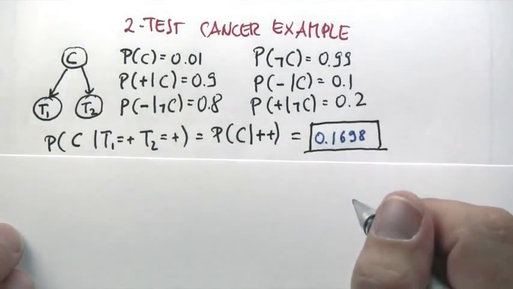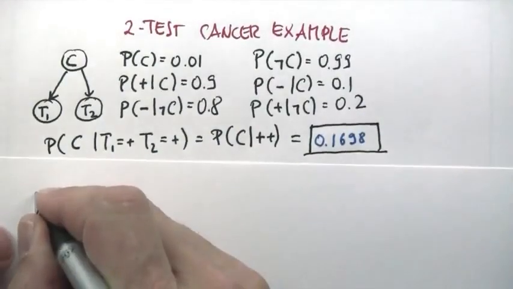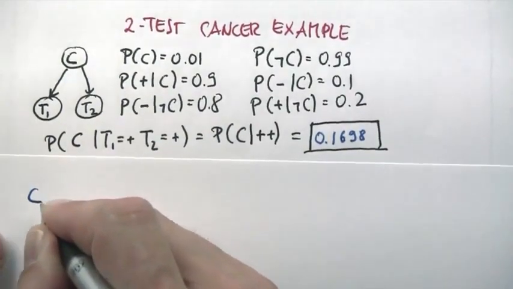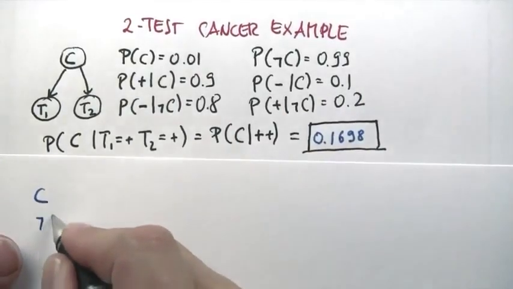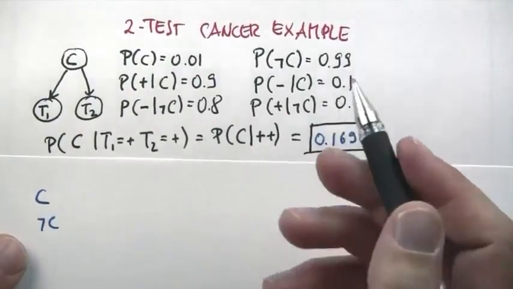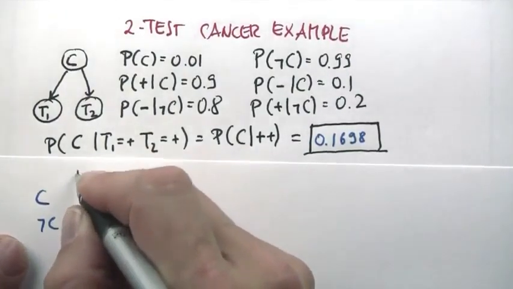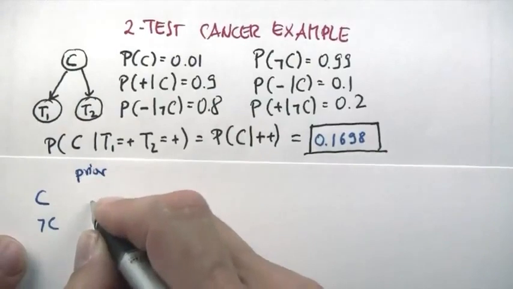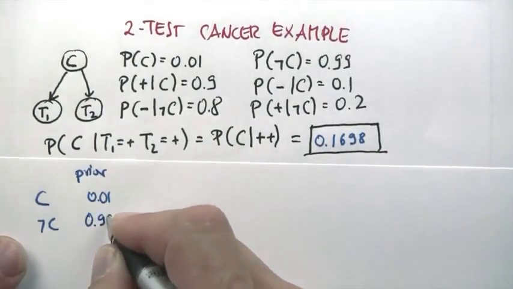And to compute this, I'll use the trick I've shown you before. Let me write down the running count for cancer and for not cancer as I integrate the various multiplications in Bayes' rule. My prior for cancer was 0.01 and for non-cancer was 0.99.